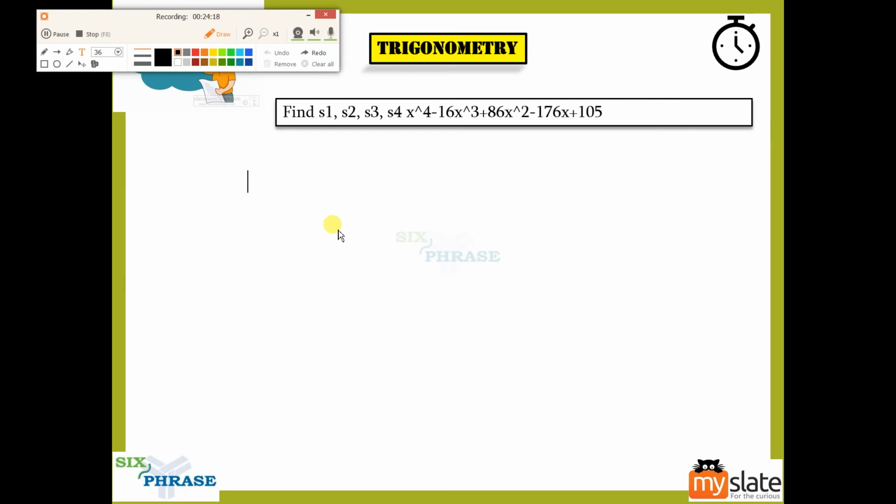I'll make it as a comma b comma c. These are the 3 roots, so it will be a plus b plus c. Then this is going to be ab plus bc plus ca.